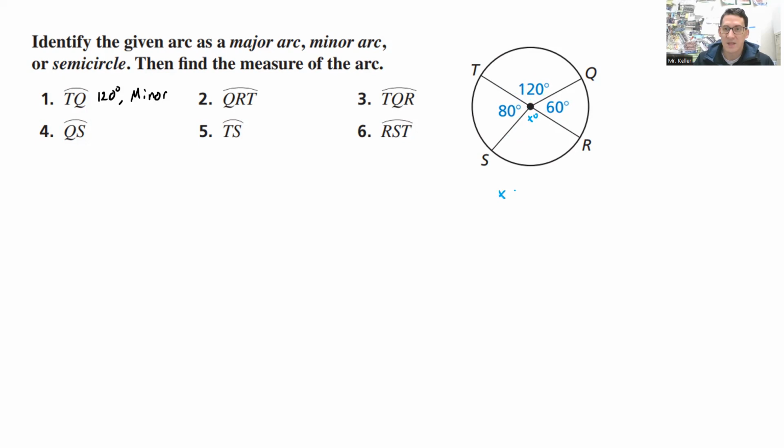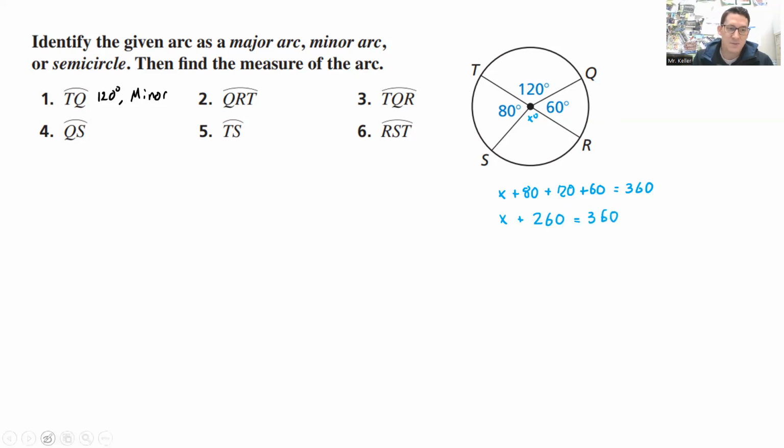So what we do, X plus 80 plus 120 plus that 60 all need to add up to 360. Right? So to solve this, we add all that together. 80 plus 120 is 200, plus 60 is 260.